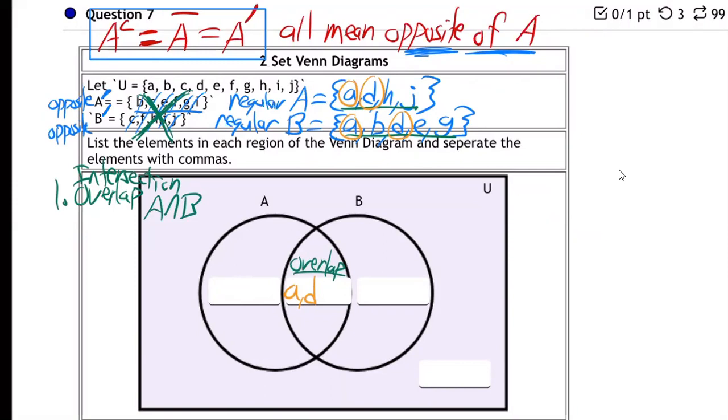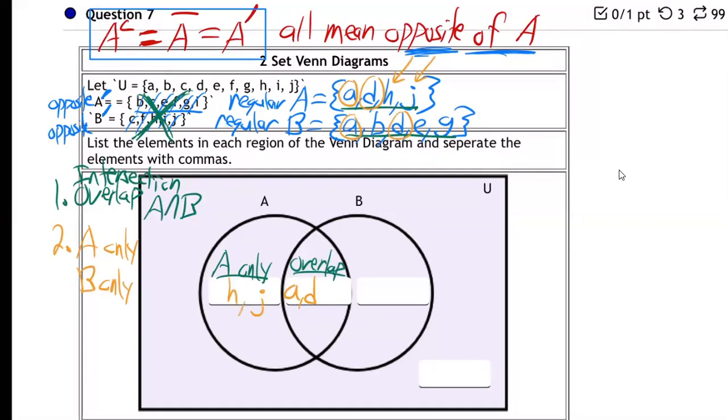And then step 2, find the A only and the B only regions. A only here. So what is in A only? That'd be H and J, huh?